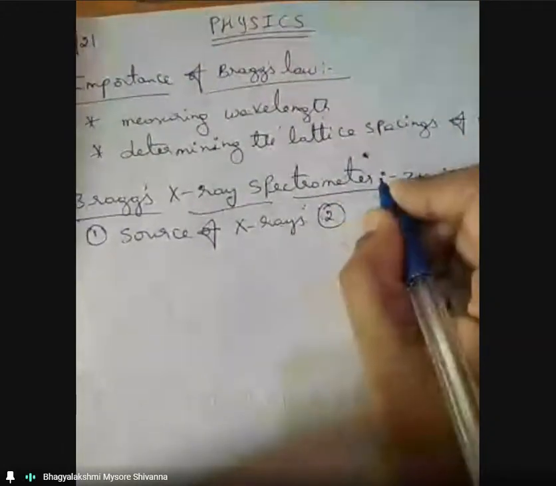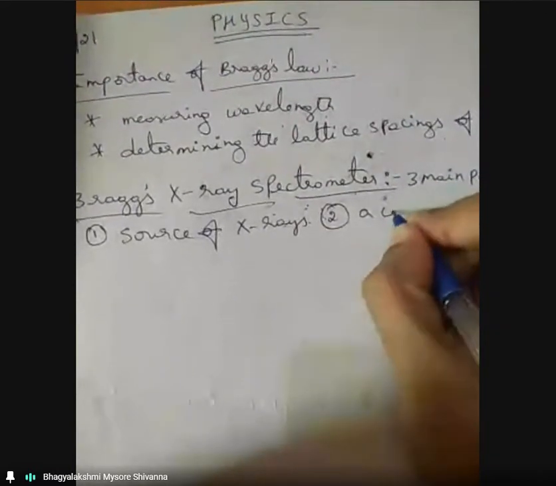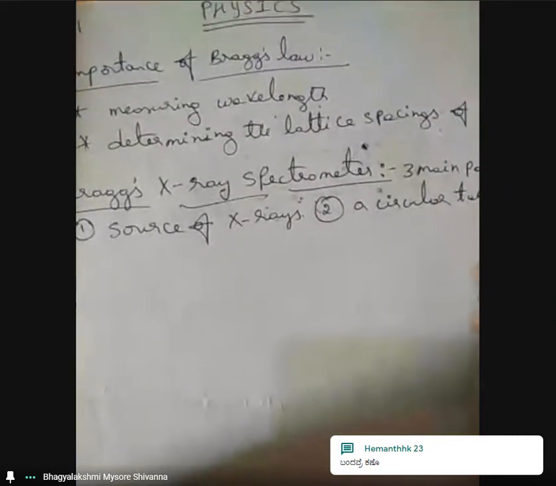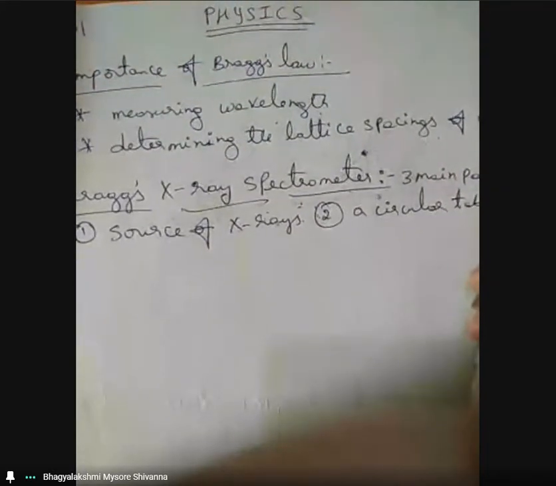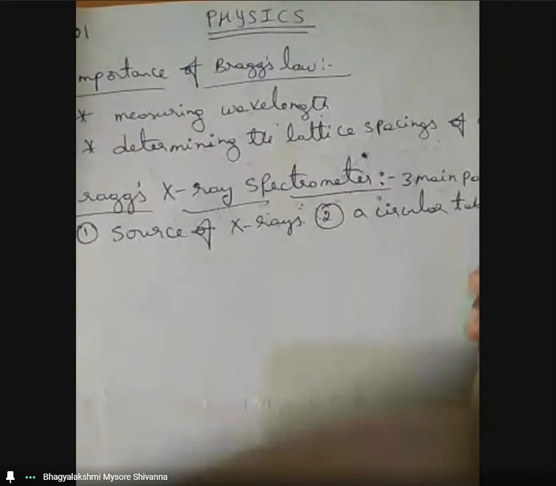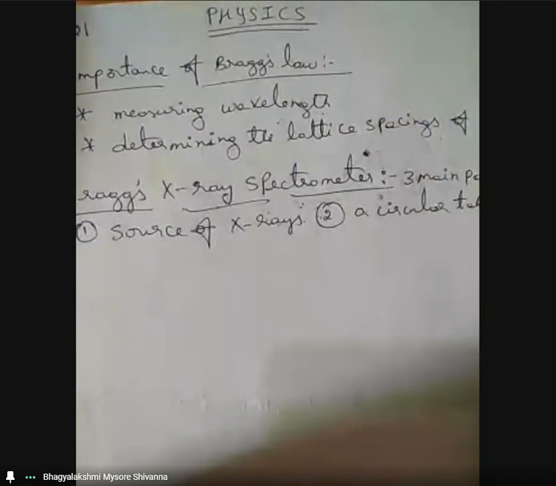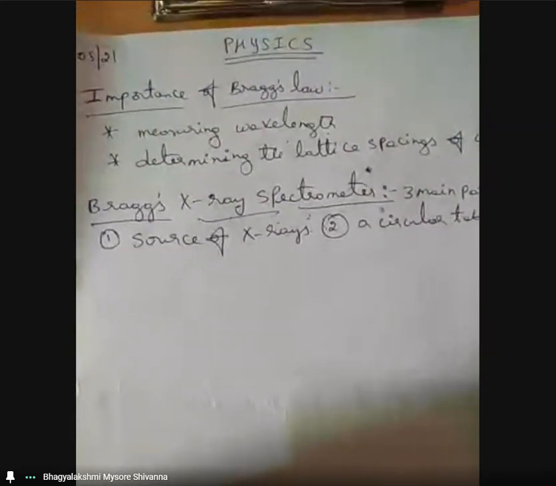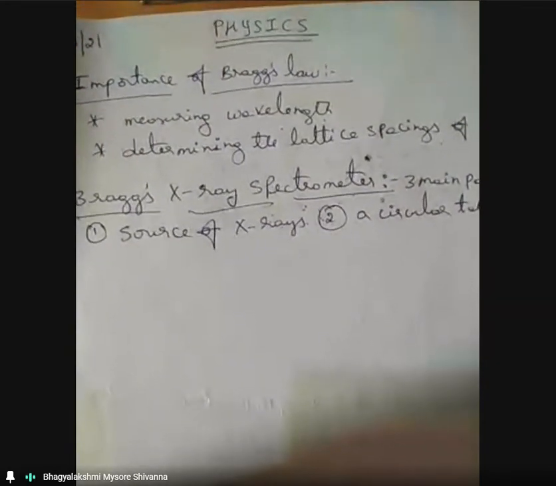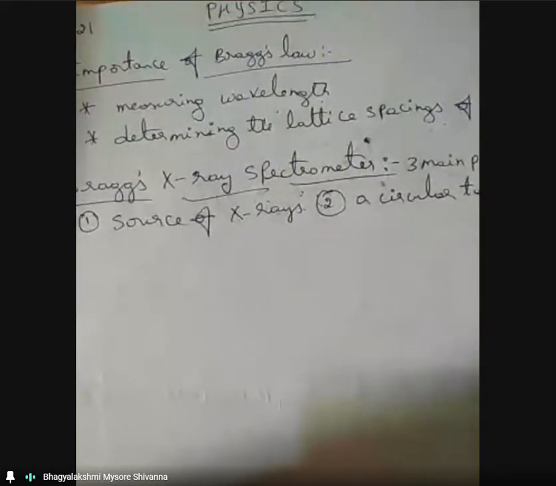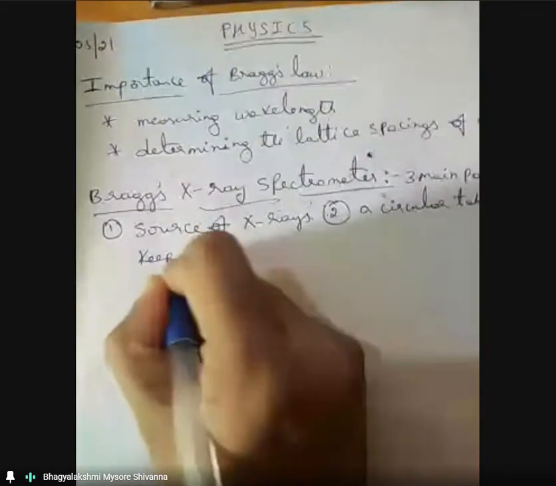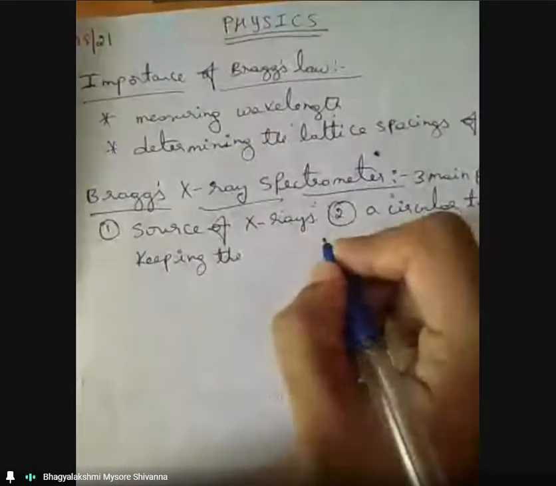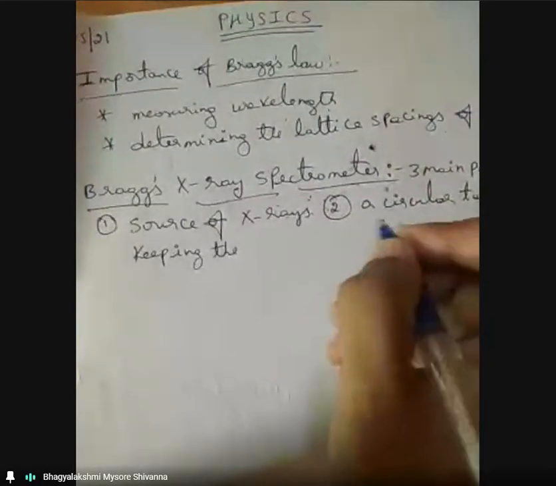The second very important thing is a circular table for keeping the crystal. For whichever crystal we have to study, that crystal should be kept on this circular table.